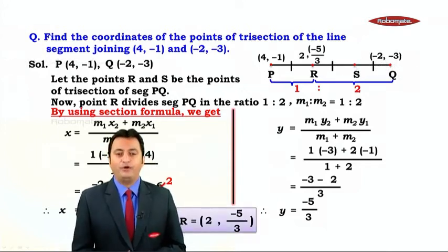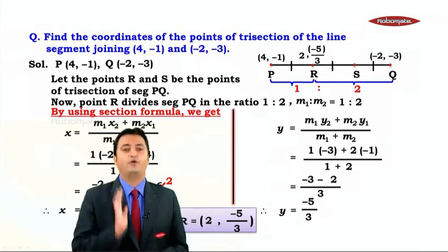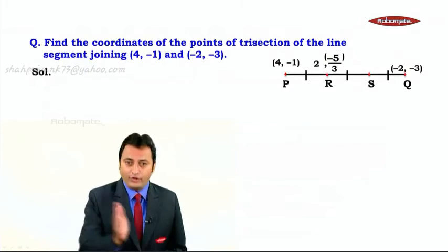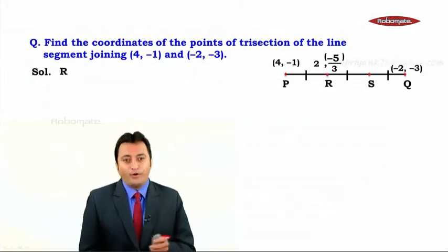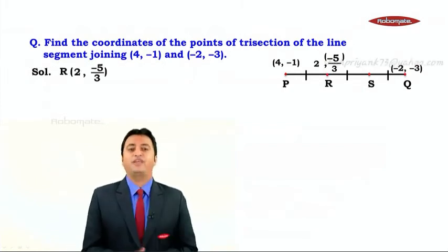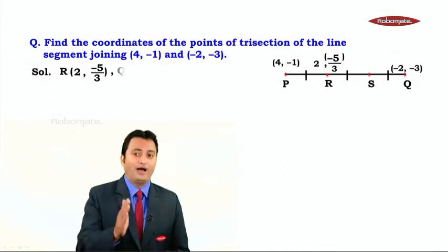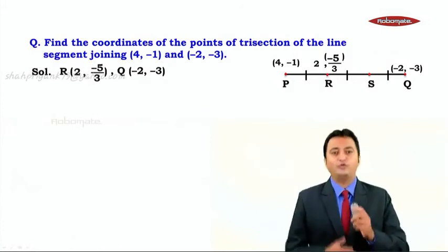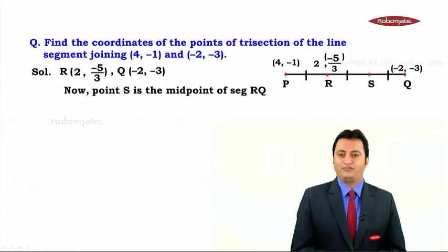Since we calculated point R, now we are left with only one more point, which is point S. Let us continue. According to the given information, point S is the midpoint of segment RQ, where R coordinates are (2, -5/3) and Q coordinates are (-2, -3).